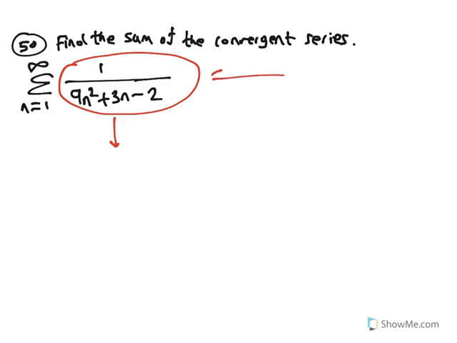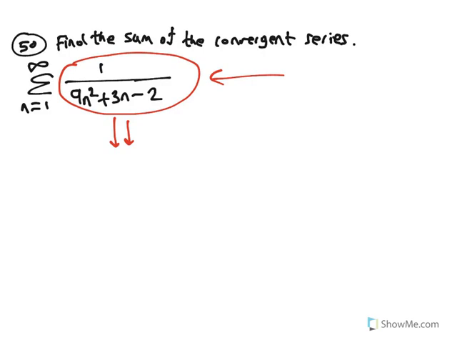When you look at number 50 as it is given right now, you would not think that this is a telescoping series. But it is, in fact, a telescoping series. But to discover that, you have to begin by rewriting the nth term using partial fraction decomposition. So that's what we're going to do. We're going to rewrite the nth term using partial fraction decomposition.